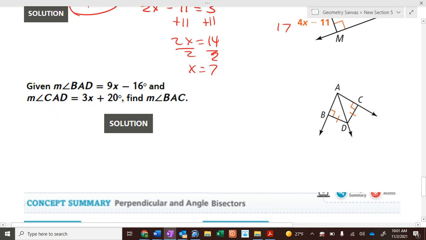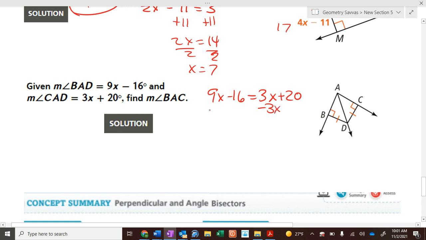If BAD is 9x minus 16 and CAD is 3x plus 20, and we want to find BAC, what do we do with our 9x minus 16 and 3x plus 20, Ella? Make it an equation. So 9x minus 16 is equal to 3x plus 20. So Jillian, what do we do on each side to solve this?